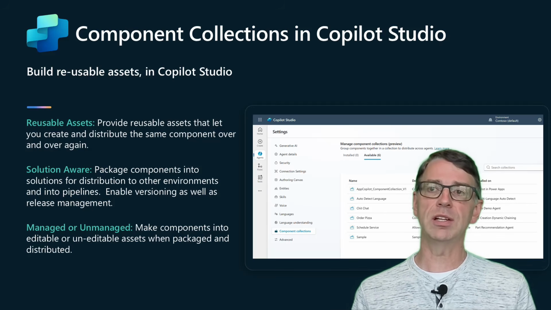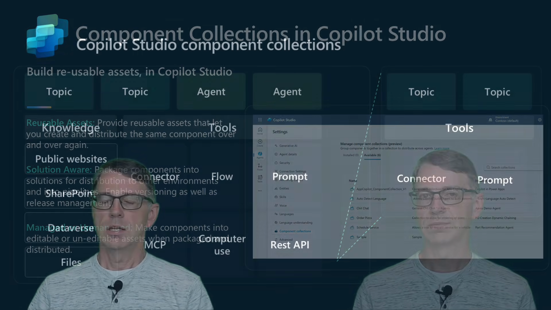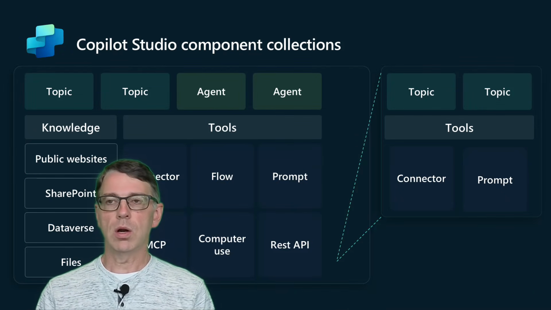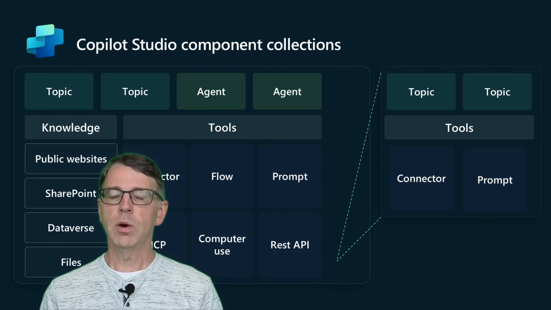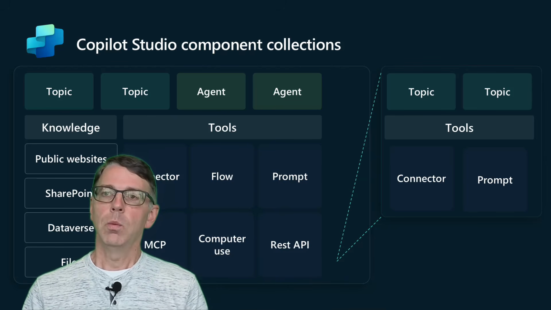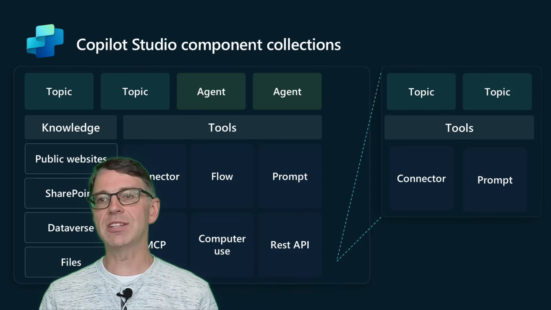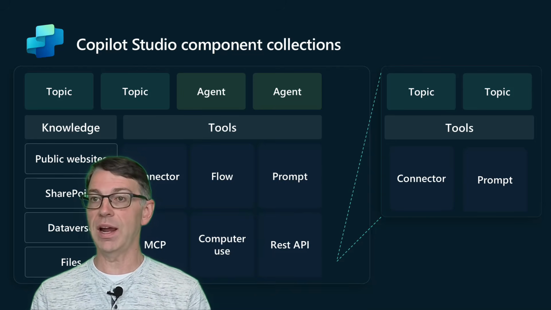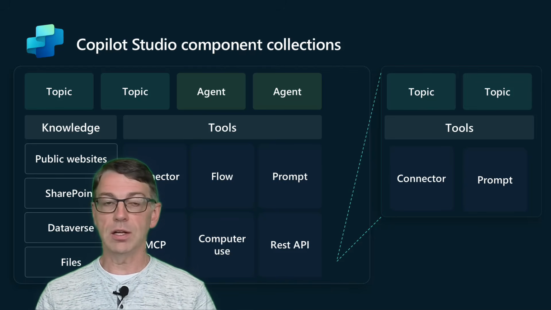So let's first take a look at a component collection and sort of how that works. If we go back into our whole orchestrator component and the way that this was all working, what you're going to see is that component collections are inside of your agent. So they're inside of that project that you're building inside of Copilot Studio.